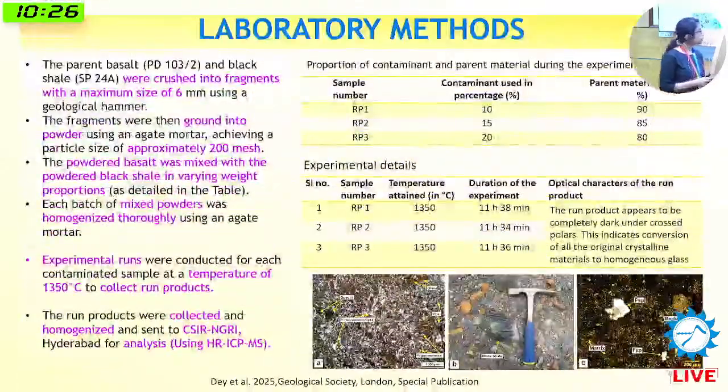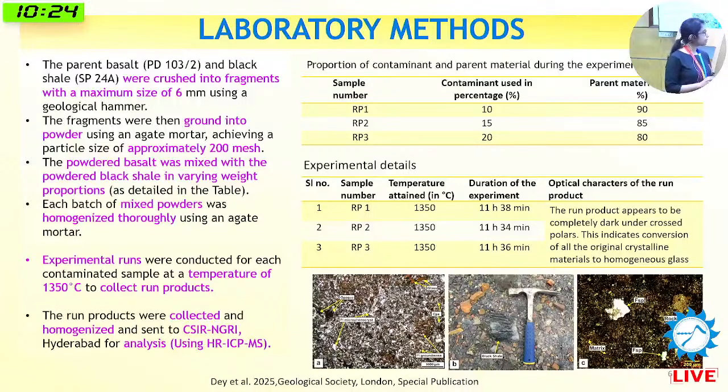Now, these are the laboratory methods that we have followed to prepare 3 different whole rock contaminated samples, where the first table is showing the details of the samples. RP1 represents 10% black shale contamination. Similarly, RP2 and RP3 are representing 15 and 20% black shale contamination.